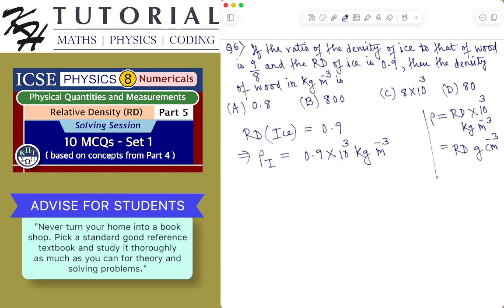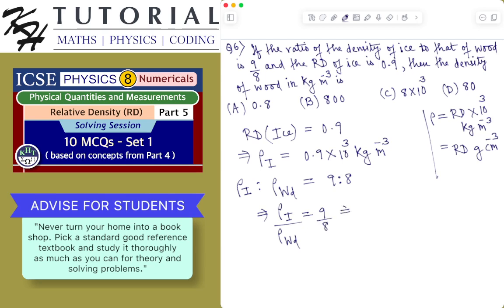Okay, so how do we find the density of wood? It is given that the ratio of the density of ice to that of wood is 9:8. So this implies rho I divided by rho WD is equal to 9/8.